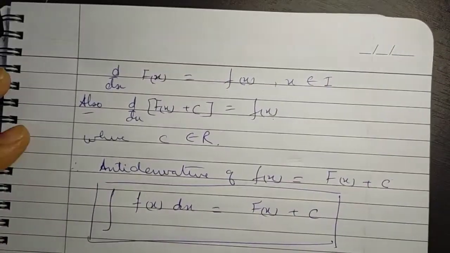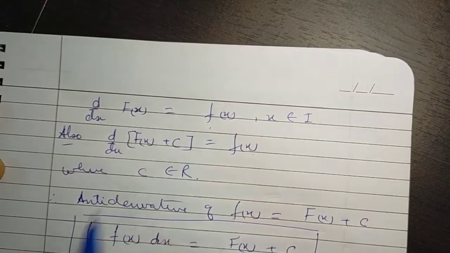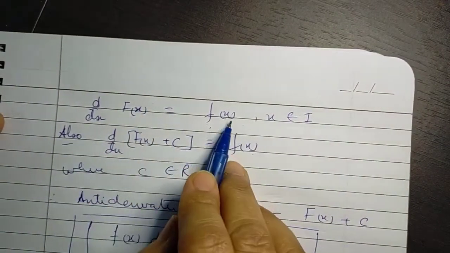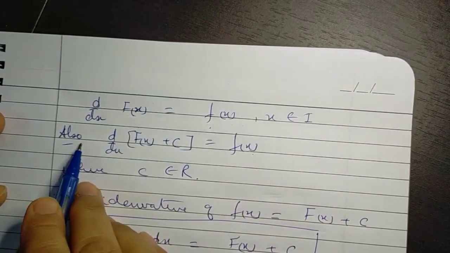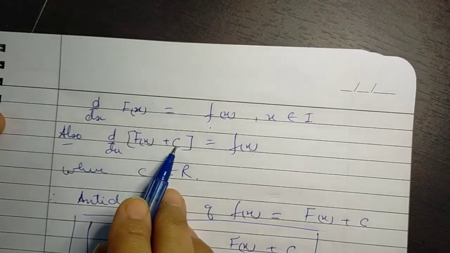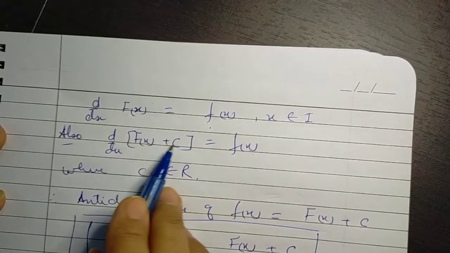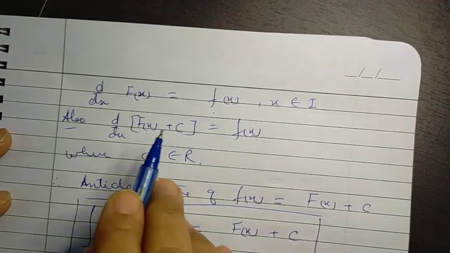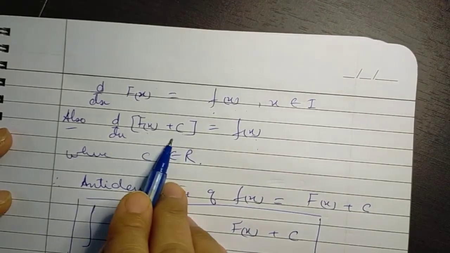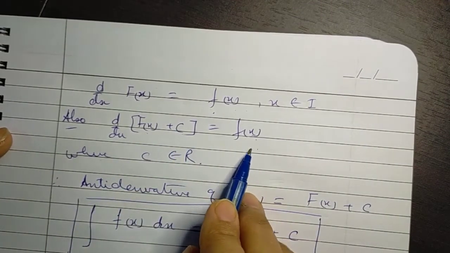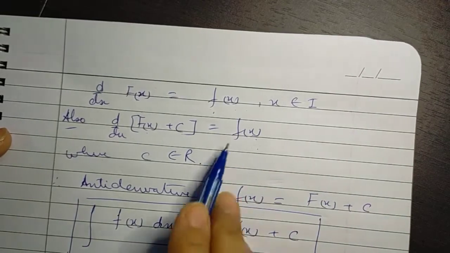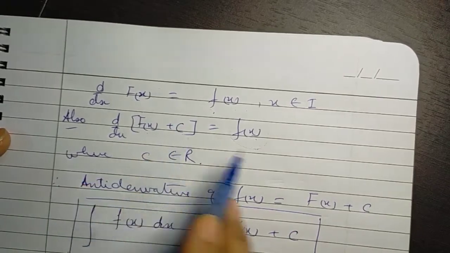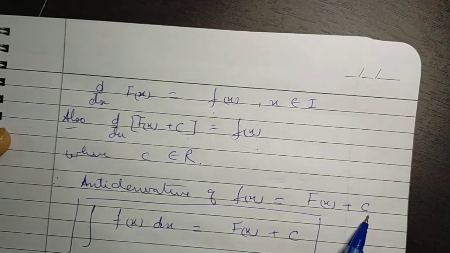Okay, so given any function capital F(x) whose derivative is small f(x), if you add any constant c to it, its derivative will also be small f(x). So the antiderivative of this side will be equal to the function on this side, which is capital F(x) plus c.